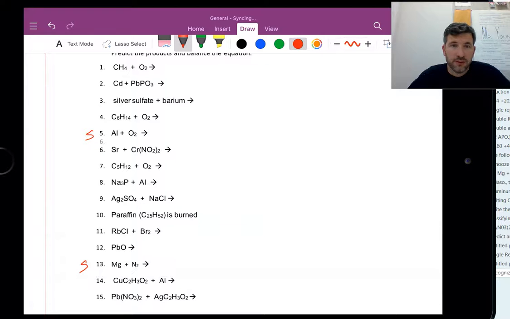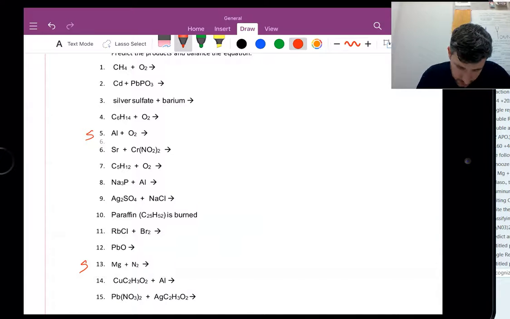So go through and put a D next to each reaction where we have decomposition of just one compound. Okay, and so that should give us the reactions that just have one compound on the left-hand side of the equation, which would just be number 12, a decomposition.